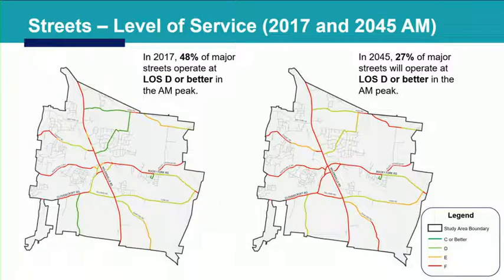So you can see in 2017, about 48% of the streets operate at level of service D or better, which is a typical standard that communities aim for, level of service D. And then in 2045, you can see about a 21 percentage point drop in the total street network operating at level of service D or better. Excuse me.